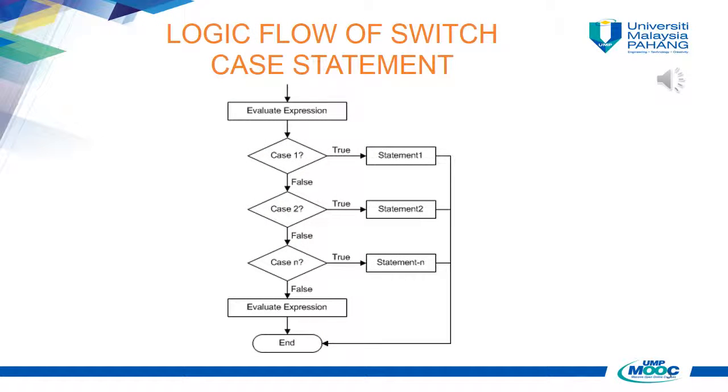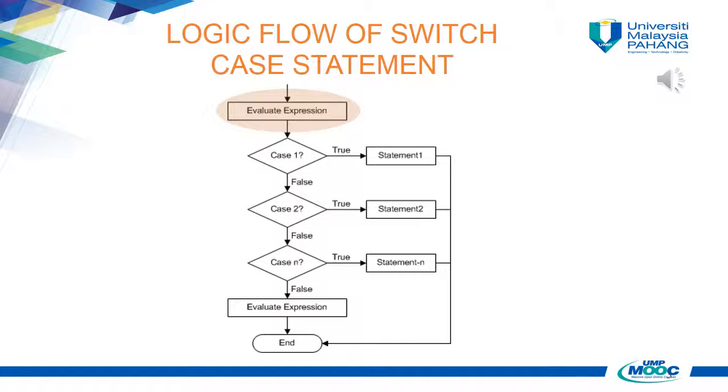This is the logic flow of the switch case statement. The value of the variable given to switch is compared to the value following each of the cases, and when one value matches the value of the variable, the computer continues executing the program from that point. Referring to the flowchart, first the expression is evaluated.